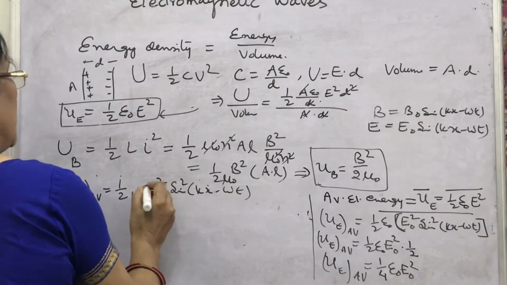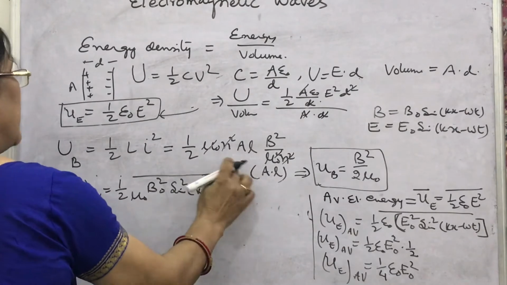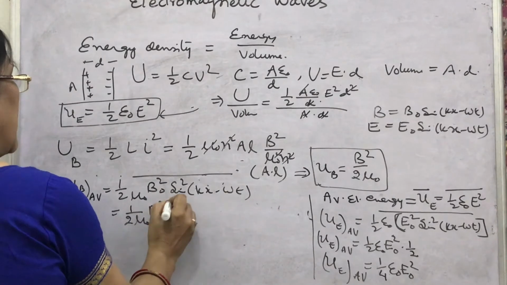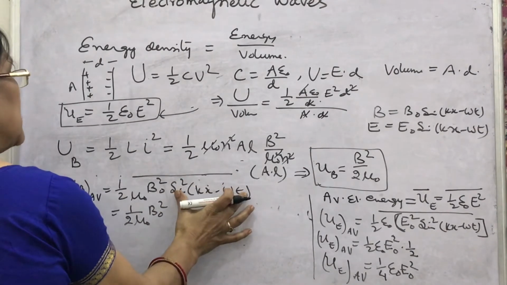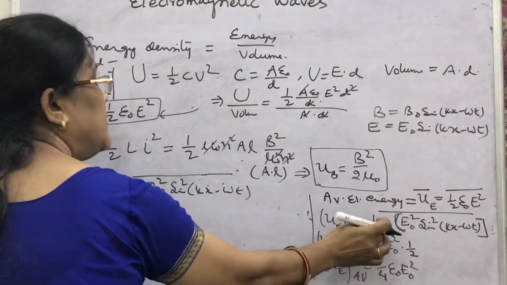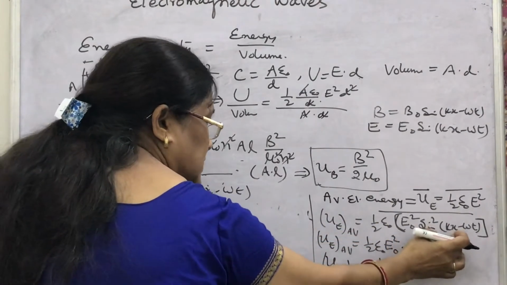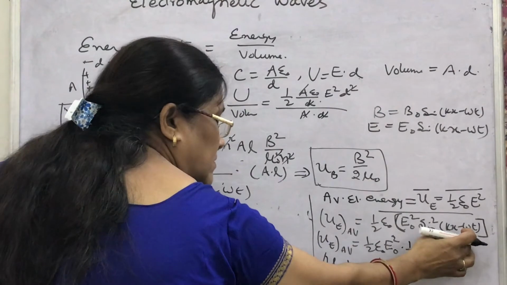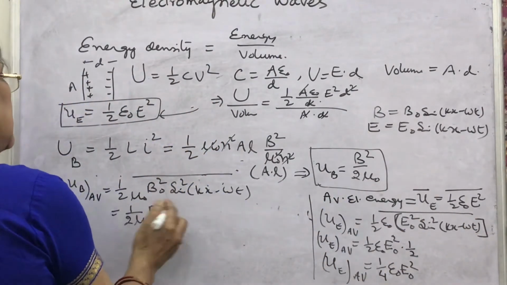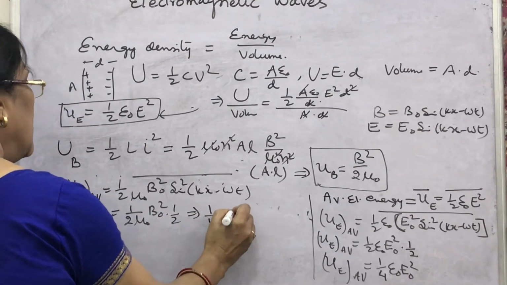Again you will get its average value. So what will you get here? 1 by 2 mu naught B naught square, and the average value of sine square kx minus omega t is half. Only the sine variation is there and its value is half, the rest of the things remain. So here also you will get half and you will get 1 by 4 mu naught B naught square.